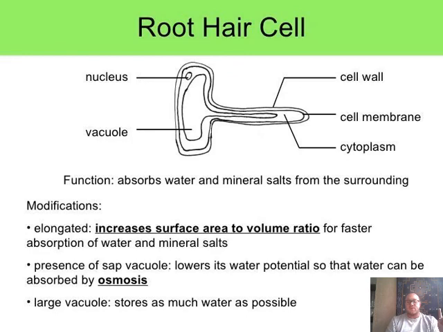Then you shift your glucose towards the center of the root. When that happens, the water will follow. But as you move the water in, there's less fresh water on the surface and more water moves in. So as you shift this glucose, more water gets drawn inwards and inwards. And then finally, they have a large vacuole which stores as much water as possible.